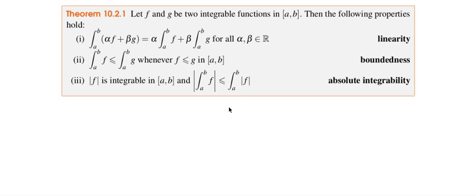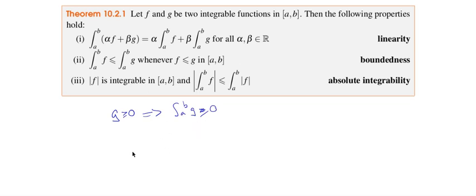Okay, so as consequences, obviously, if g is greater than 0, then this implies that the integral between a and b of g is going to be greater or equal than 0, obviously.